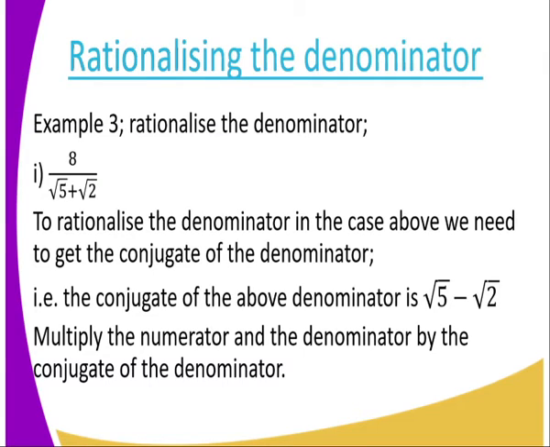It doesn't have the surd, since when I take surd 5 times surd 5, I get 5. Then when I take surd 5 times surd 2, in the first case I get negative surd 10. Finally we get negative surd 10, positive surd 10, then negative 2. So finally, the denominator is 3. So that's what happens when it comes to rationalizing the denominator.